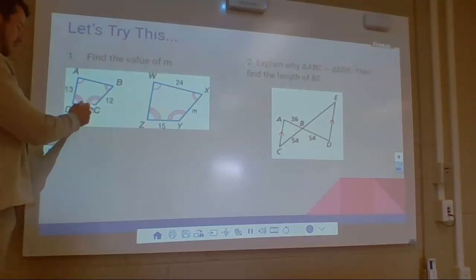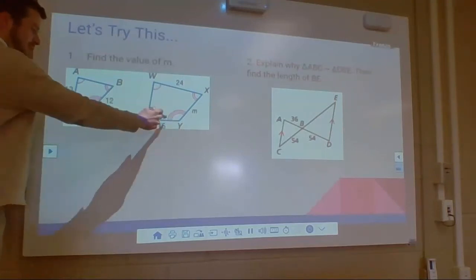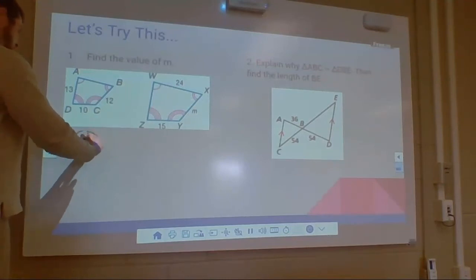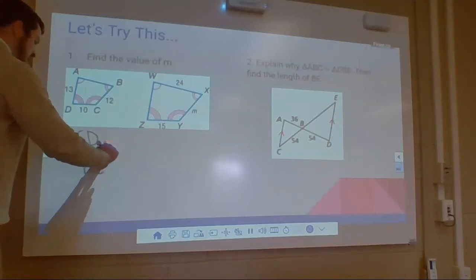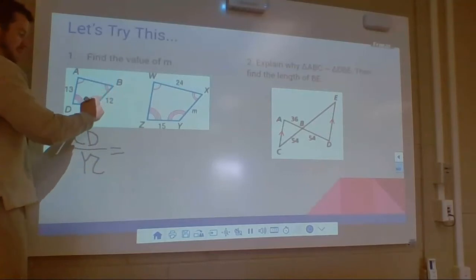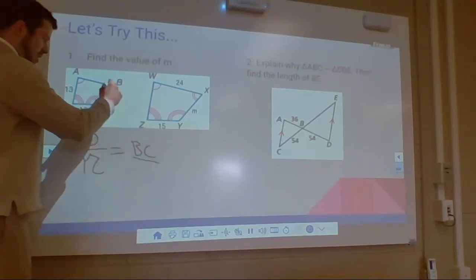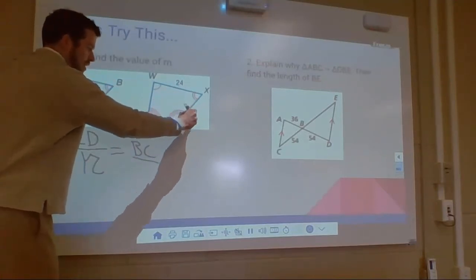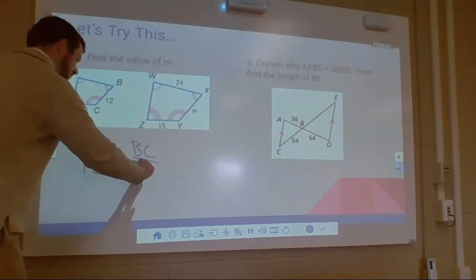Now I am given the length of CD and the length of YZ, which are going to be corresponding sides of those polygons. So I can say that CD over YZ, and then that's going to be equal to BC, follow me here, which matches up with that side we're trying to find. We're trying to find m, right? And that m represents the length of that segment XY.